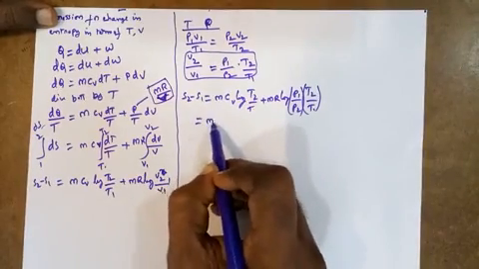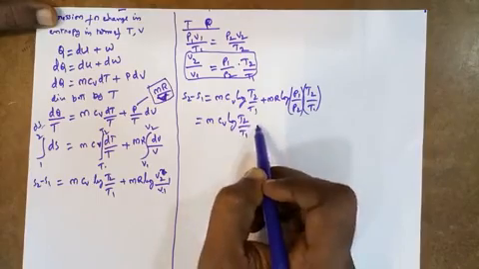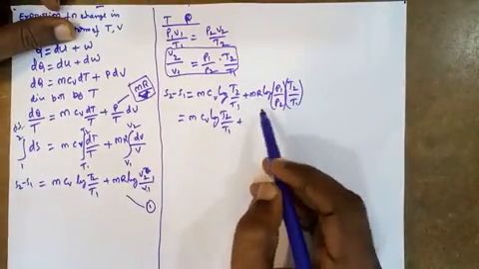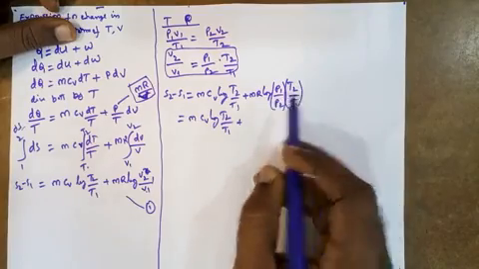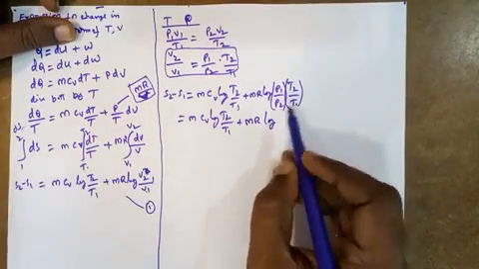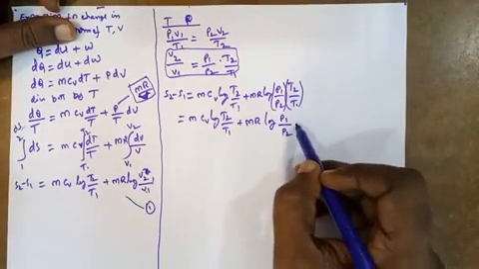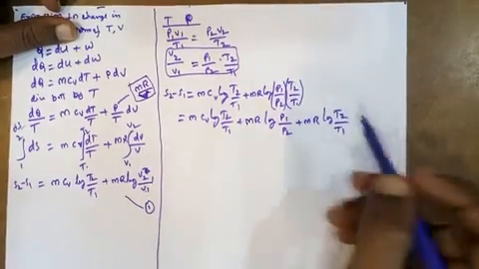Here, m Cv log T2 by T1, using the log function, log AB, you can write this as mR log P1 by P2 plus mR log T2 by T1.